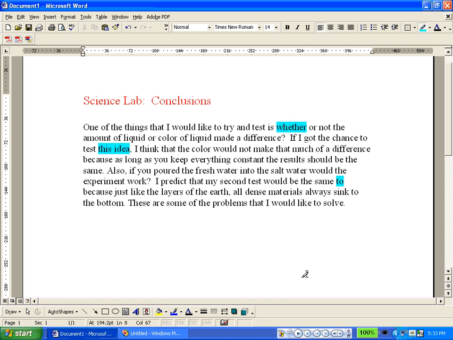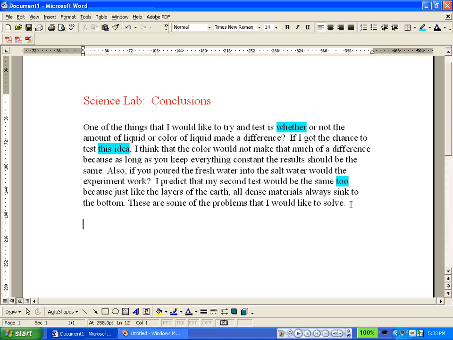Two, to, and too are always words that kids make little mistakes on because it's difficult to remember which word to use in which circumstance. I think the author was trying to use the TOO version of the word because it means as well. I predict that my second test would be the same as well because just like the layers of the earth. In that case, you want to use TOO.